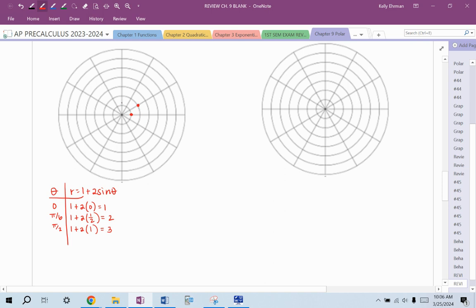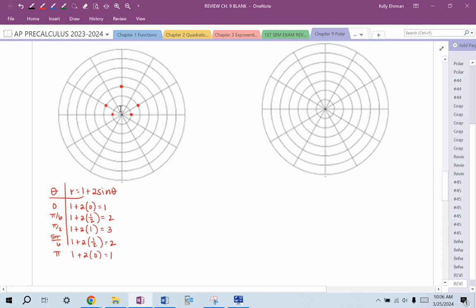So face pi over 2 and go forward 3. Then you want 5 pi over 6. 1 plus 2 times still positive 1/2. Face 5 pi over 6 and go forward 2. Then pi. 1 plus 2 times 0 is 1.